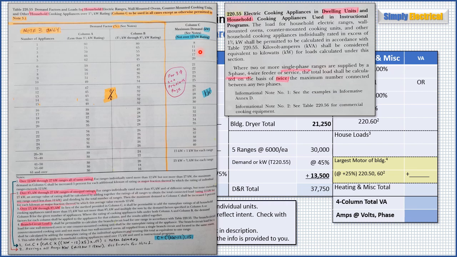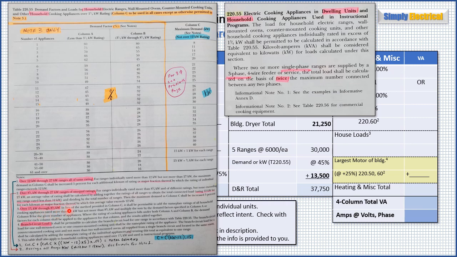However, by using this column, you are building in a little cushion, generally speaking, and you could shave some of that off by using A or B if your range fits in these categories here. But only as note 3 allows, just like this says up here, otherwise permitted in note 3. Let's go down and see what note 3 says. It says over 1 3/4 kW through 8 3/4 kW. All right.